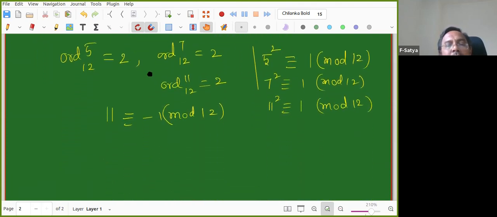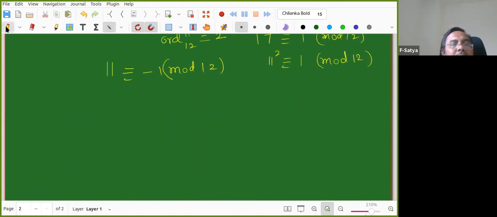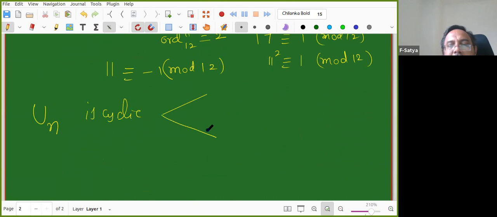But in this chapter we are going to do something. I'll prove later: Un is cyclic only when n is of these forms. When n is equal to a prime number, this is one case.